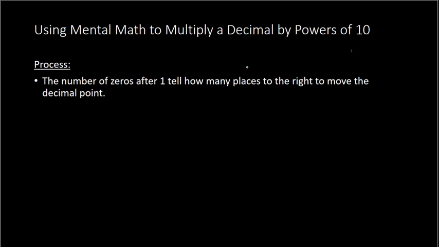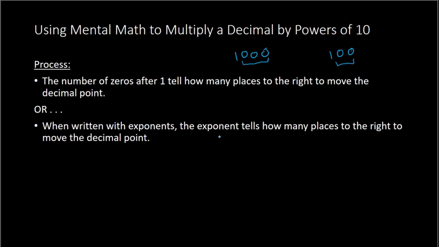All right, so if there is like 1,000, for example, there's 3 zeros after the 1, which means move the decimal point 3 places to the right. Okay, if there was 100, there's 2 zeros after the 1, so that means move the decimal point 2 places to the right. Or the other way is if you have your power of 10 written with exponents, then the exponent tells us how many places to the right to move the decimal point.